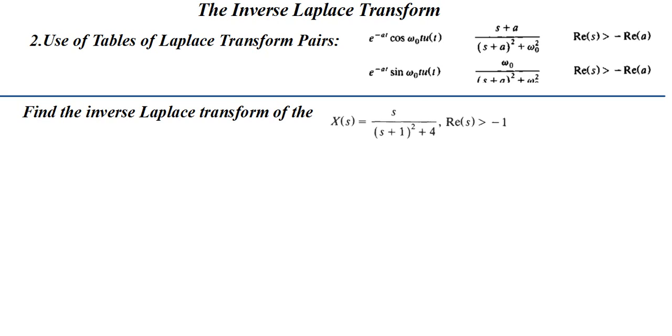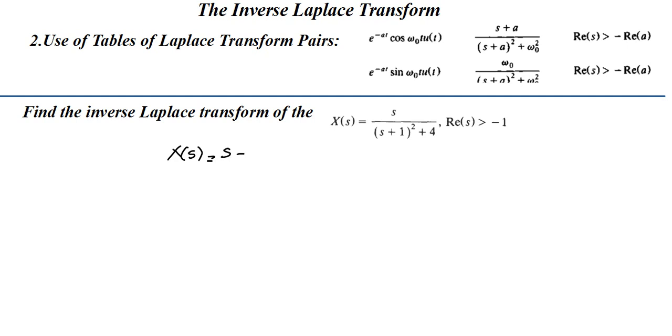Here also you can see s into something, but there is no s plus 1. If you do such a question, you need to take some care. I will first rewrite the equation. We need the s plus a form, so we'll try to make it in s plus a form.